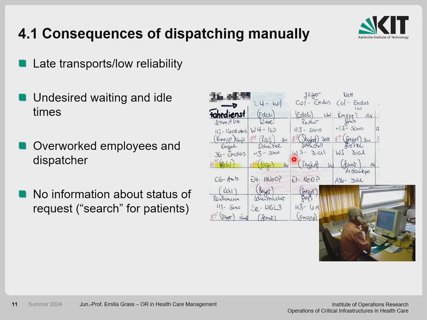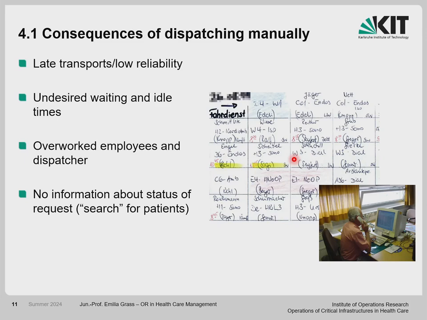Yeah, the next one is coming in 10 minutes, but you can already take these patients. So they're taking the patients, the next vehicle arrives, and no one knows where the patients are, who took them, when they are at the ward, and so on. So this is a very, very common situation, searching for the patients. It could happen all the time.